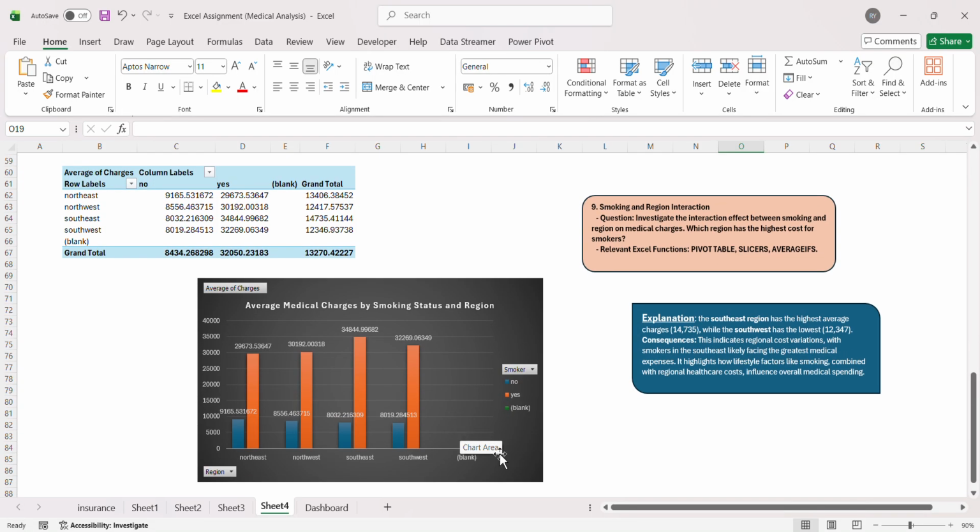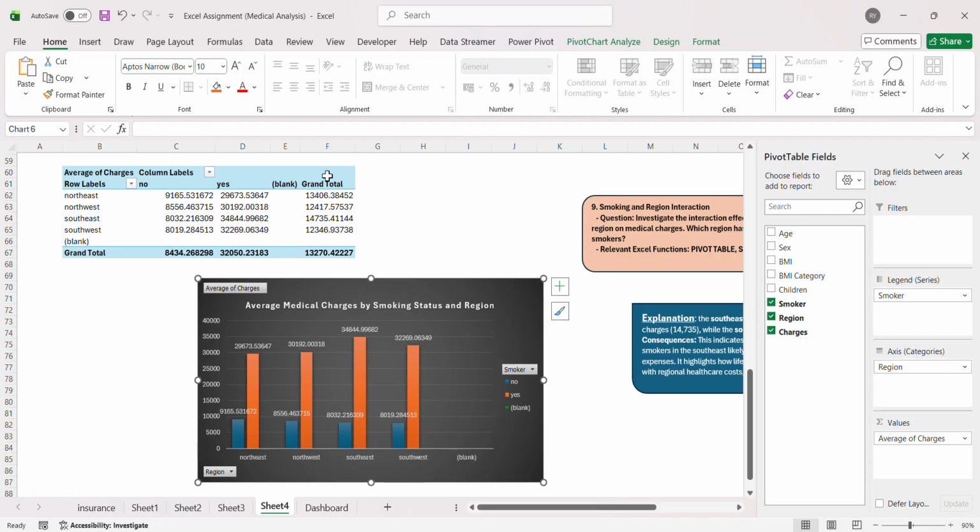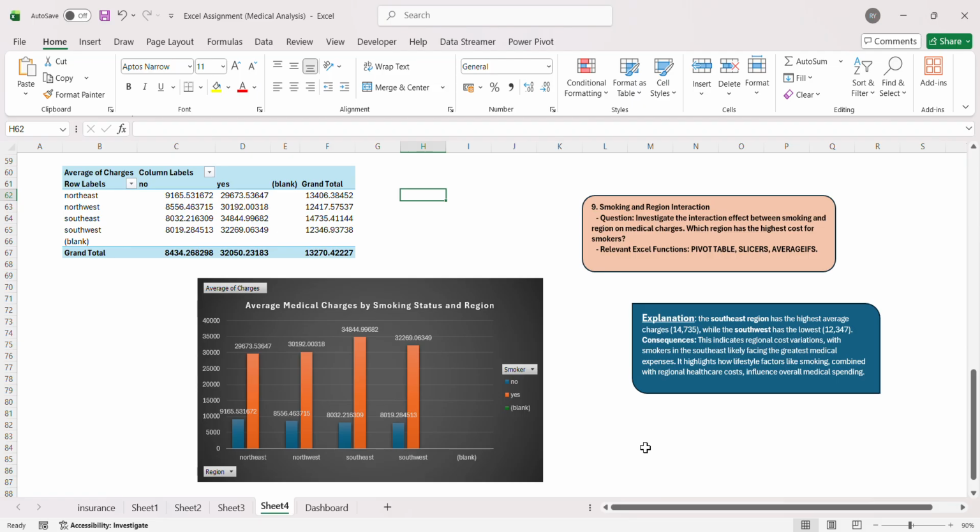Let's continue to the next question, smoking and region interaction. Here we have the chart with the pivot table. The southeast region has the highest average charges, while the southwest has the lowest. Here we can vividly see the southeast has the largest charges and the southwest the lowest.